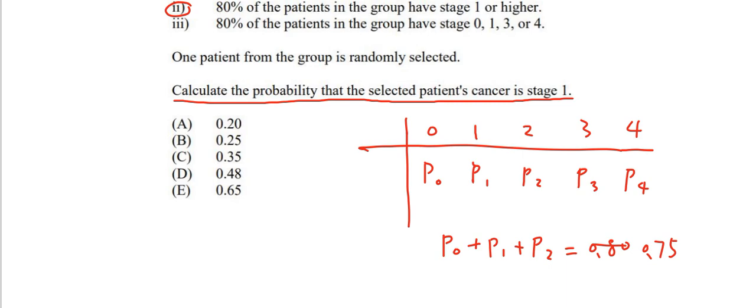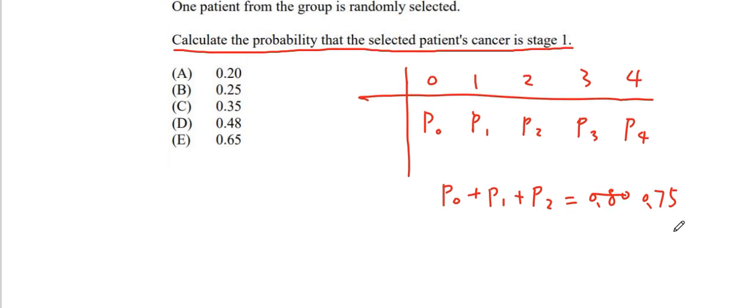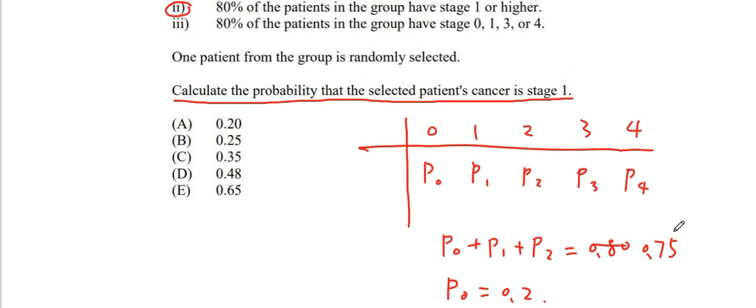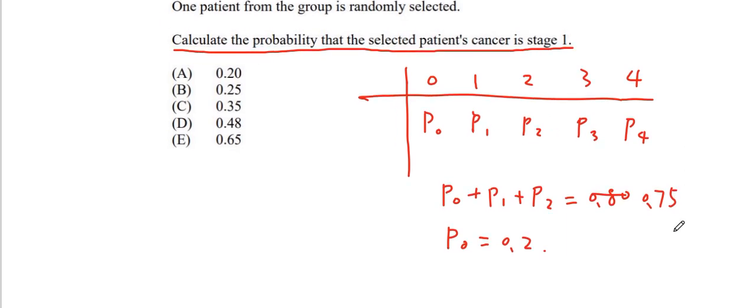So P1 plus P2 plus P3 plus P4 is 0.8. So this actually means P0 equals 0.2. Then check condition 3, 80% of patients have stage 0, 1, 3, or 4. So this means P2 is also 0.2, right?